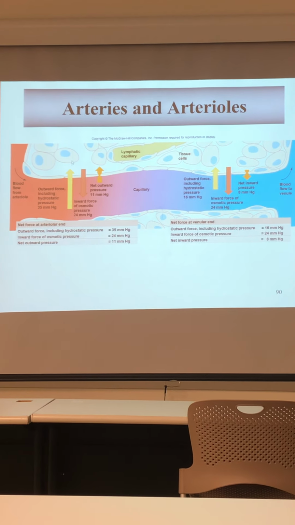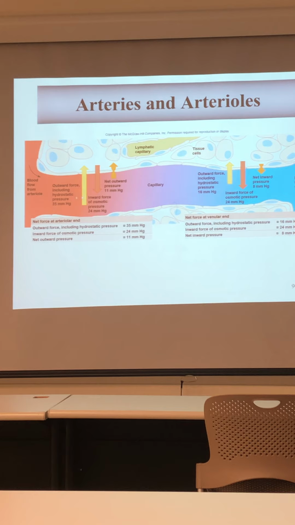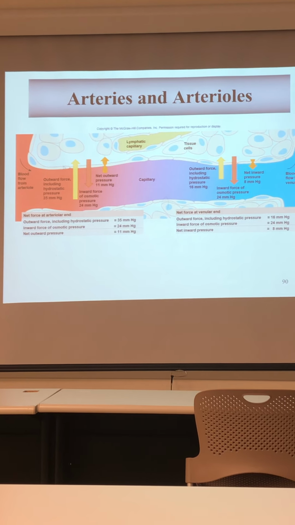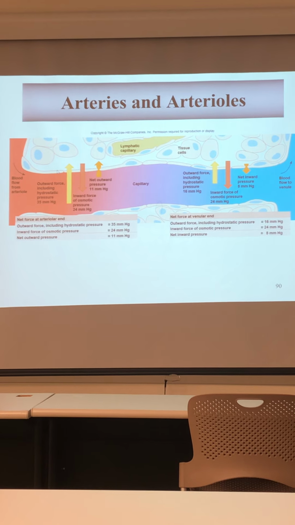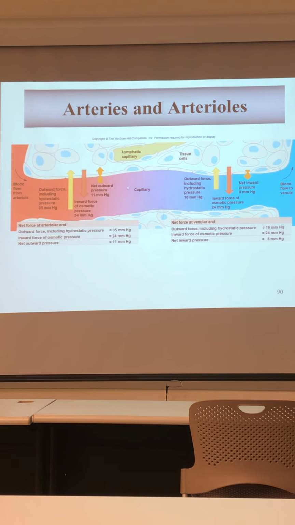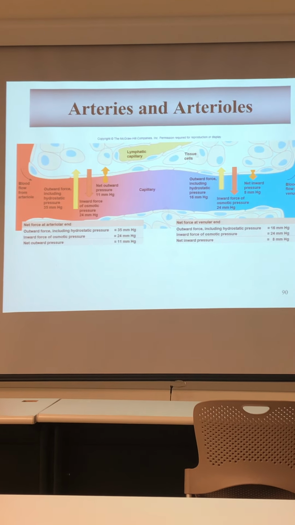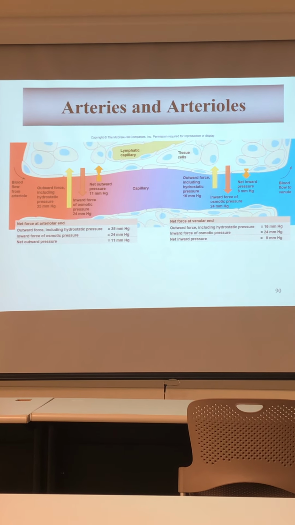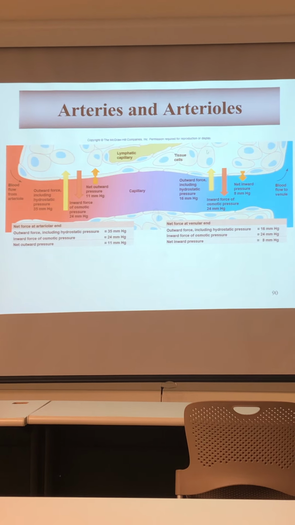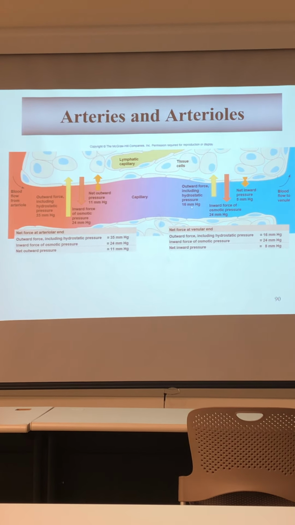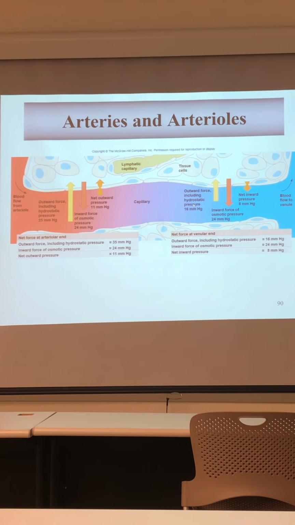So if plasma is still in here, it wants to get out, and because the outward force is greater, it's going to go out. Once it goes out, there's an immediate drop in pressure, because we transition right to the venous side. So all the plasma that's out here now, that left the building, now creates more of an inward pressure. And that inward pressure will cause the plasma to be taken right back in.